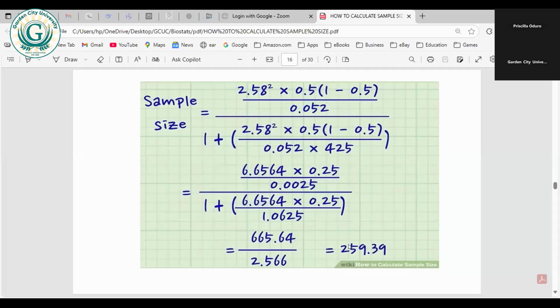So definitely I will add 1 to it. In fact, that's what people do in research. They always round to the nearest whole number. But I will just use 260, and justify why I'm saying 260. Wherever you are, I would advise you always round to the nearest whole number.